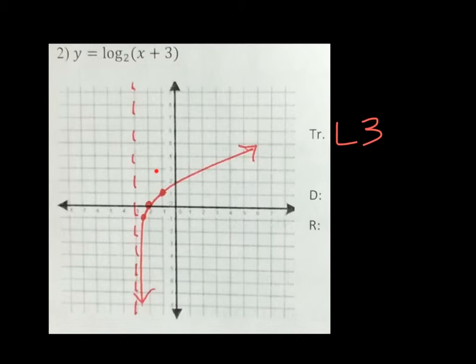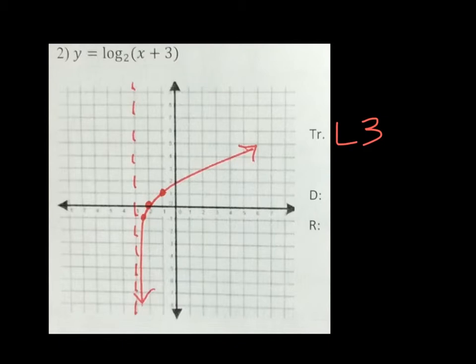And you can see how each one of these points, our 1/2, -1 moved over 3 units, our 1, 0 moved over 3 units, and our 2, 1 moved to the left 3 units.